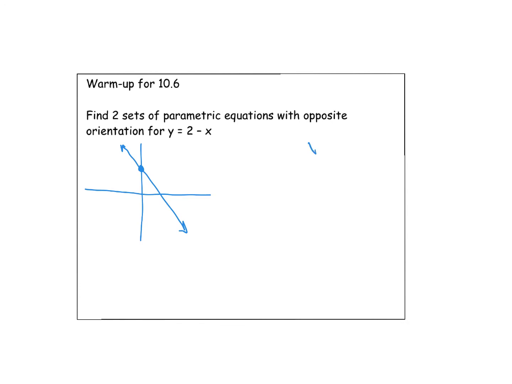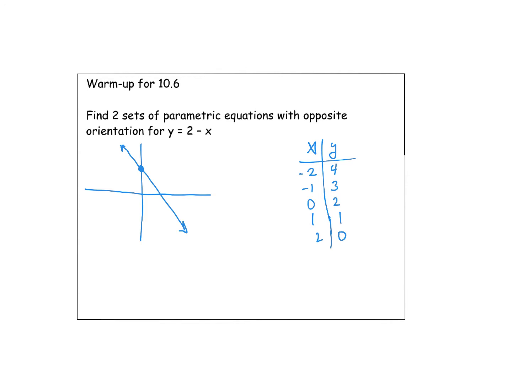If I came up with my xy ordered pairs as a normal rectangular graph, I would just have, if x is -2, y is 4, x is -1, y is 3, 0, 2, 1, 1, 2, 0, and so forth from there. Okay, so what's going to just change the orientation? There's not much I can do. I can't go crazy because then it would change the line. I have to maintain this exact same equation, same graph.